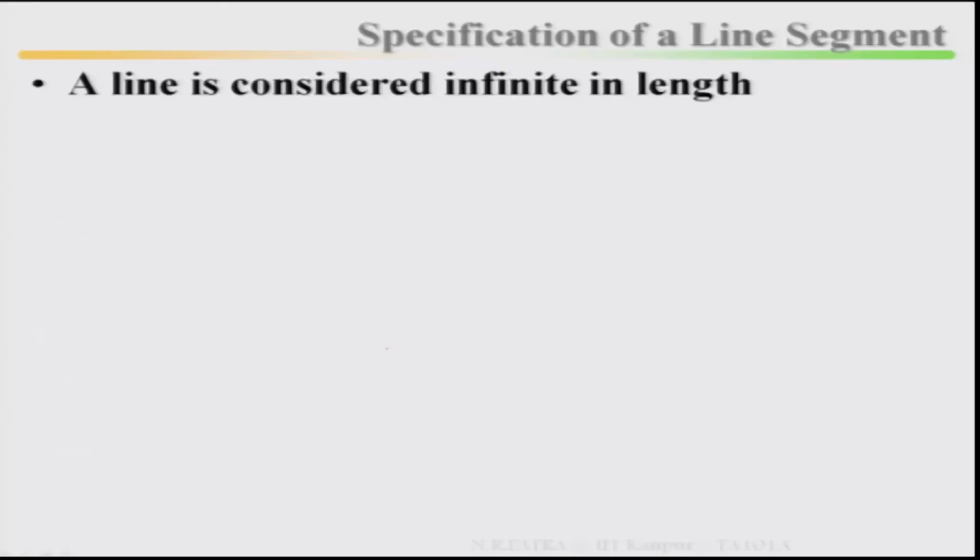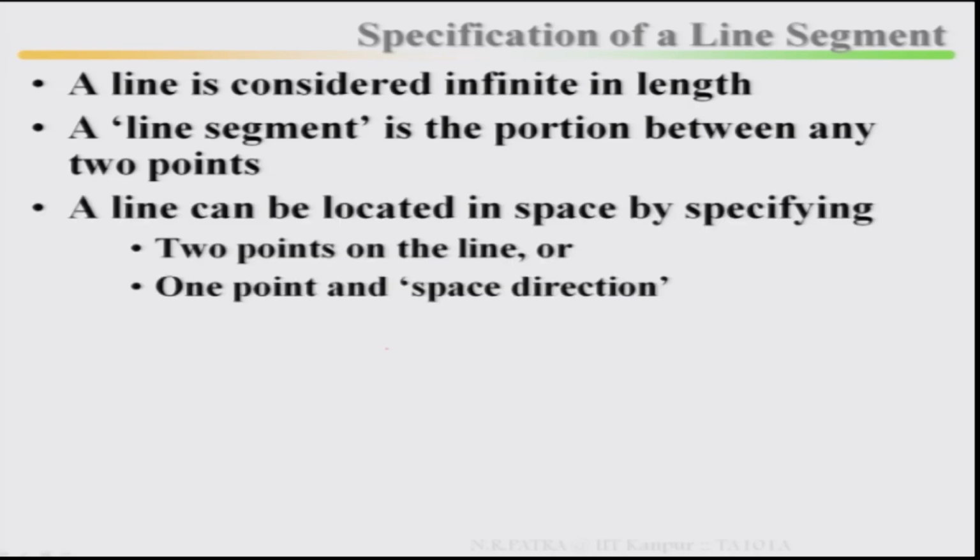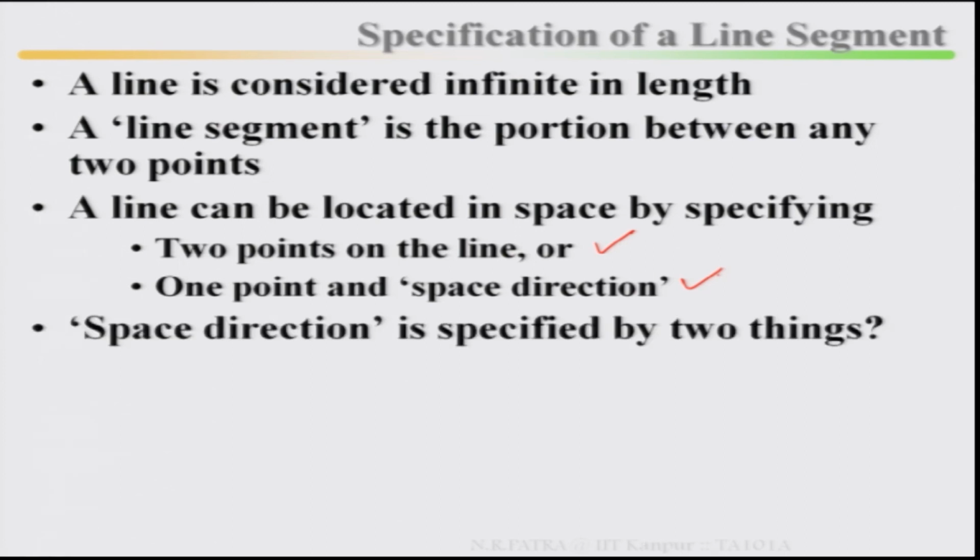Specification of a line segment. A line is considered infinite in length. A line segment is the portion between any two points. A line can be located in space by specifying 2 points on the line, or 1 point and space direction.